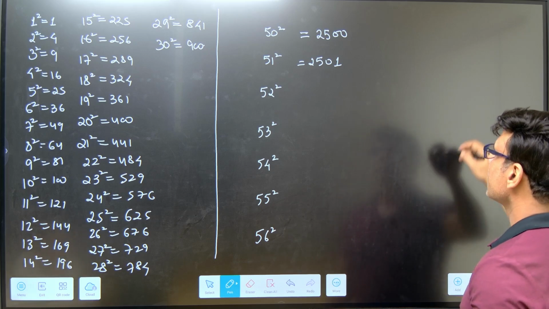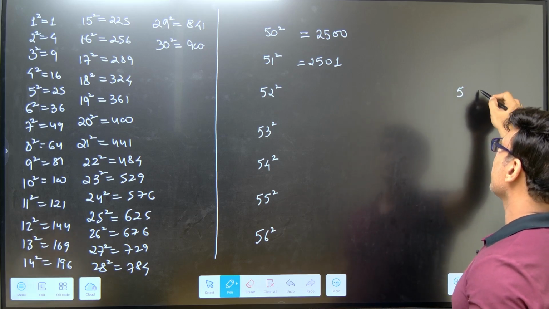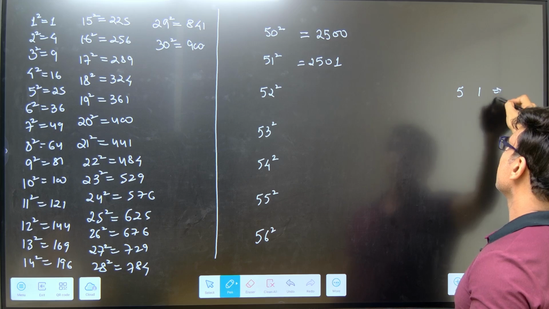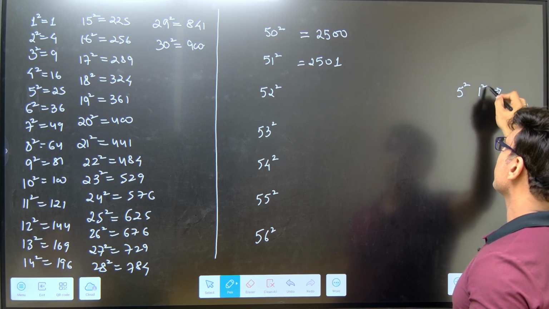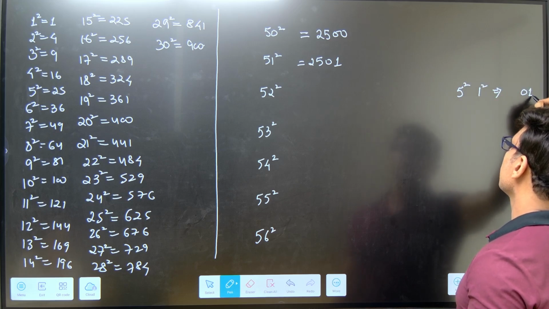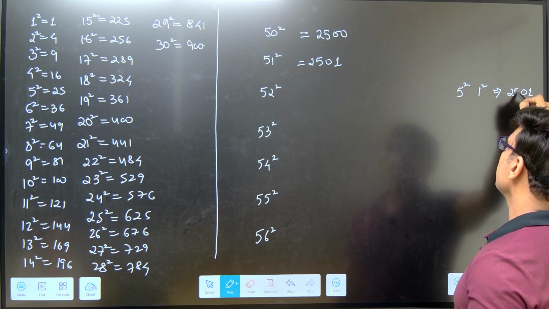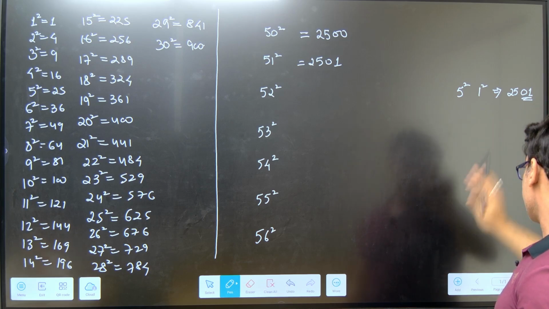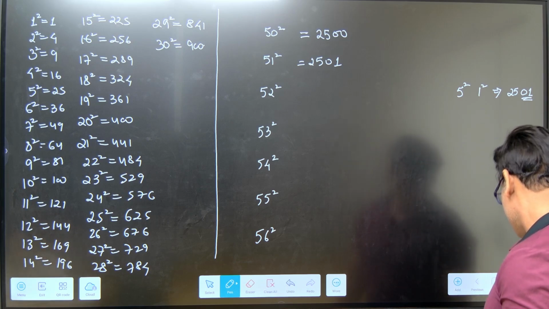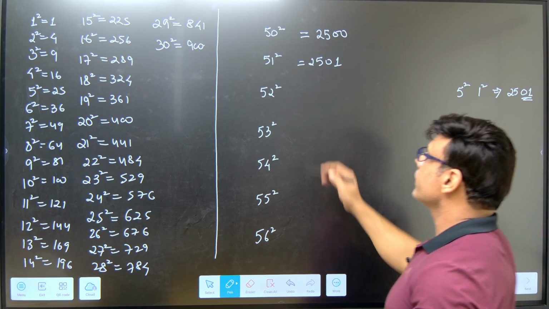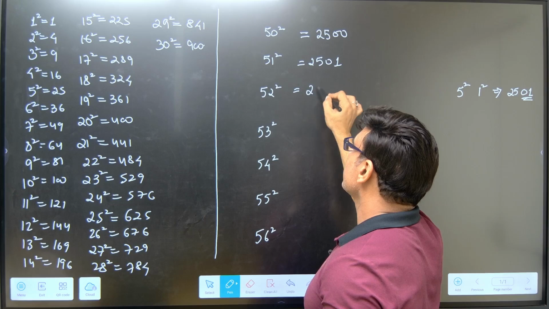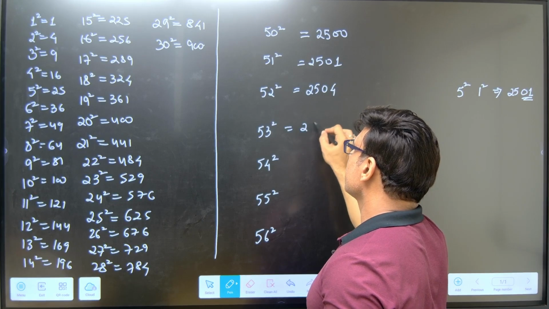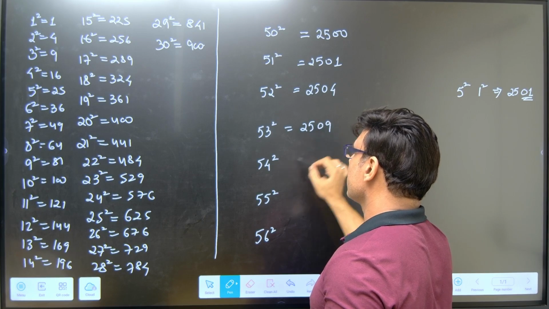For 51, you write 5 and 1 separately and square each: 1 square is 01 and 5 square is 25. Maximum 2 digits it can take. So 52 square is 2504, 53 square is 2509.